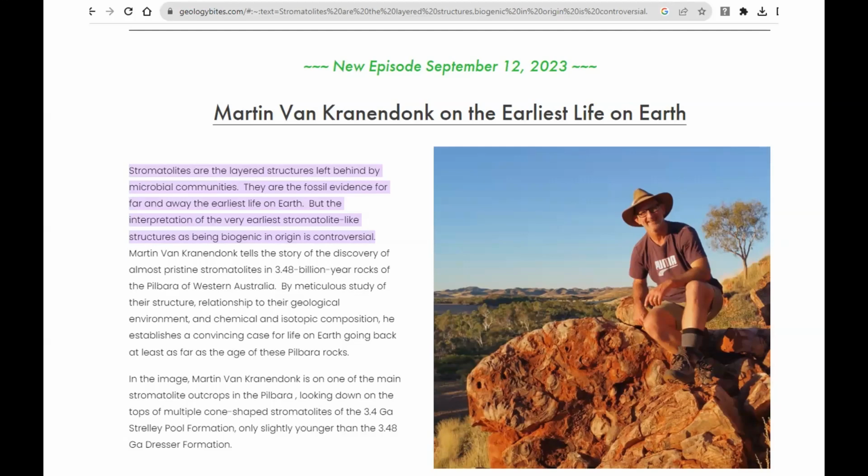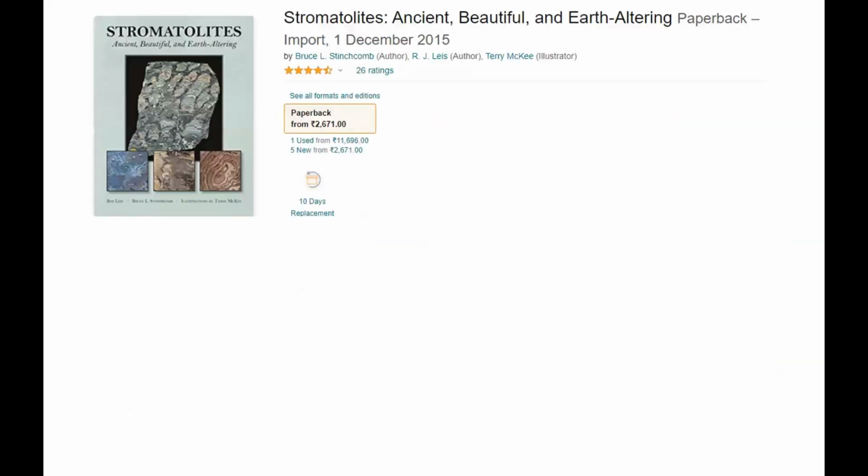It's a really nice, up-to-date account of a researcher using all sorts of techniques to find out about some of these really old stromatolites. And his interest there, because he works on Martian imagery as well, is that he'll obviously be wanting to look at rocks from Mars. So they're using that as a comparison, the Archean Earth versus Mars, to look at that. So that's a very interesting podcast.